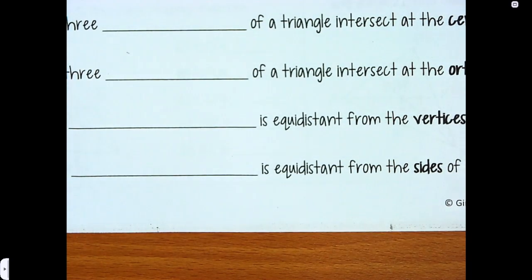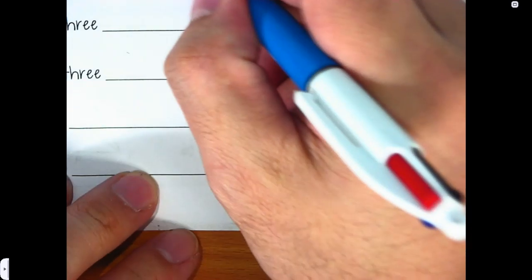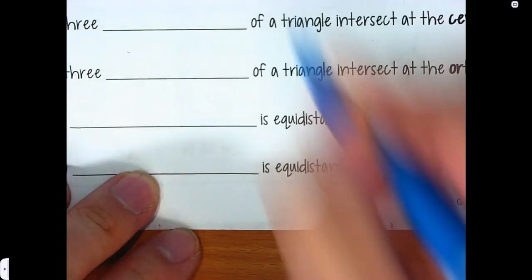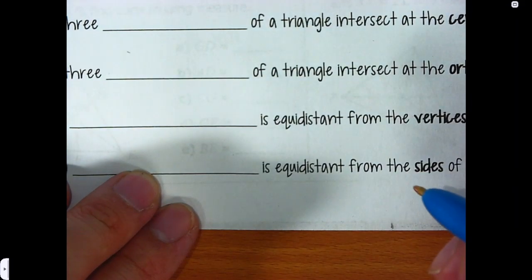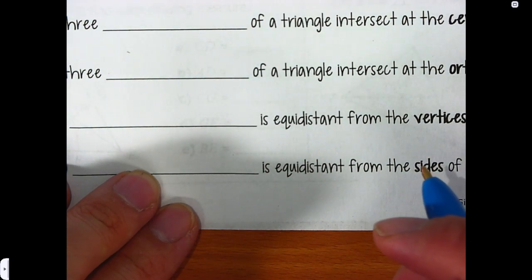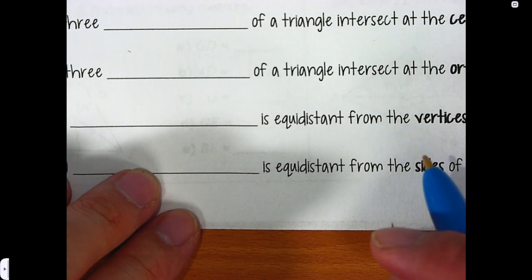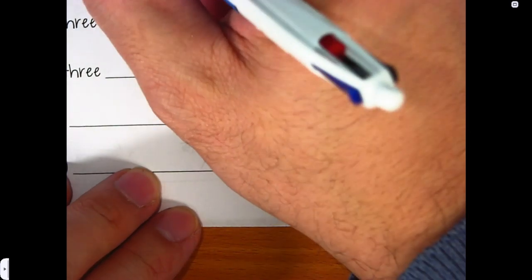So here we are. All right, so the 3 perpendicular. When we're looking at circumcenter, if you go back to your circumcenter notes, you need to be able to do this. The circumcenter has 3, and because it is a circumcenter, it is perpendicular bisector.